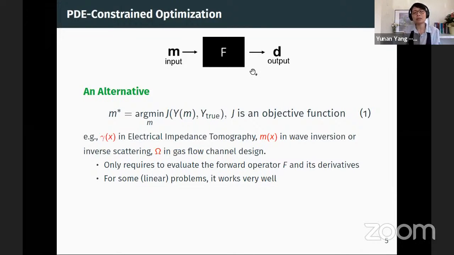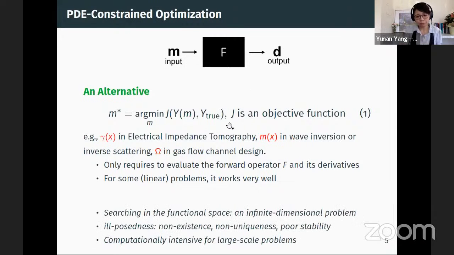But at the same time, this formulation reduces the difficulty of the original inverse problem, but it also has its own challenges. For example, the parameter we want to search for is usually a parameter in a PDE or ODE, and belongs to a certain functional space.